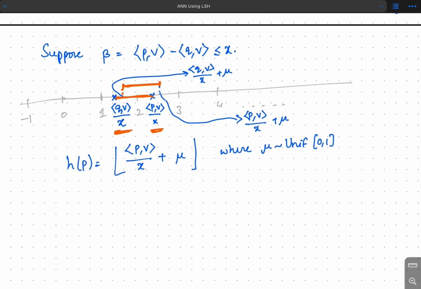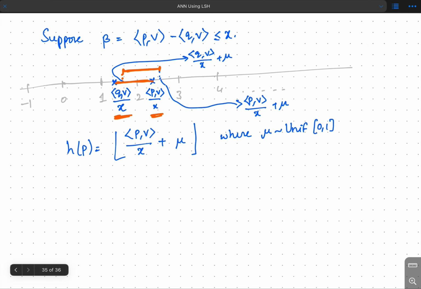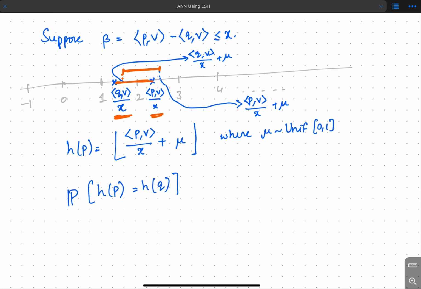So the probability of h of p being equal to h of q will be exactly equal to 1 minus beta by x. Recall beta was equal to p comma v minus q comma v, right? That comes from this sliding argument.